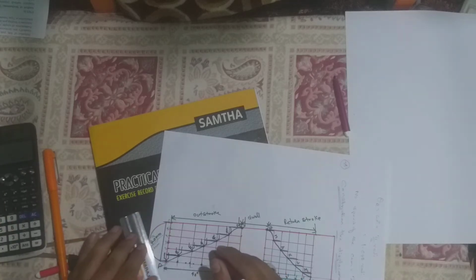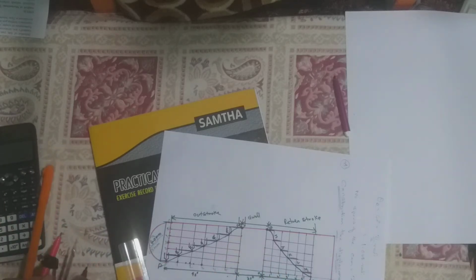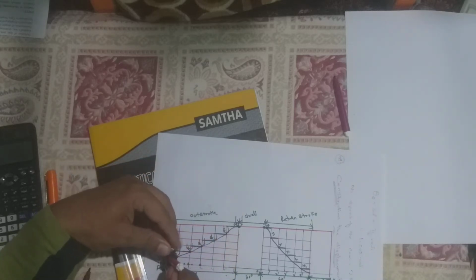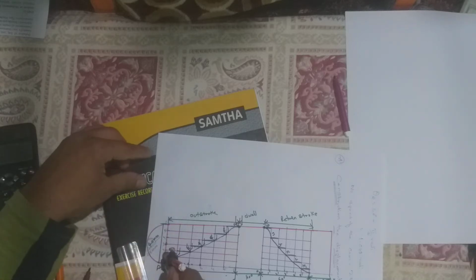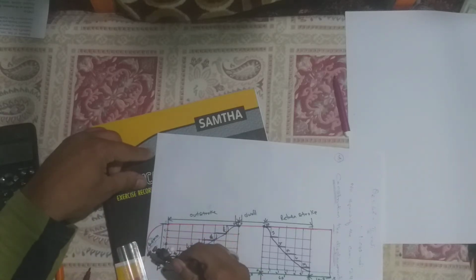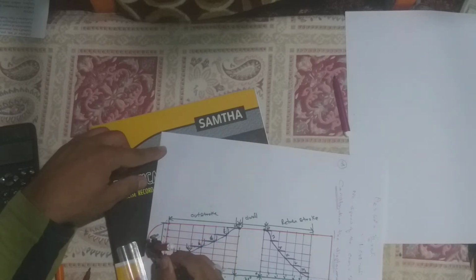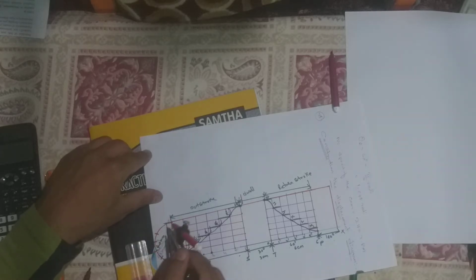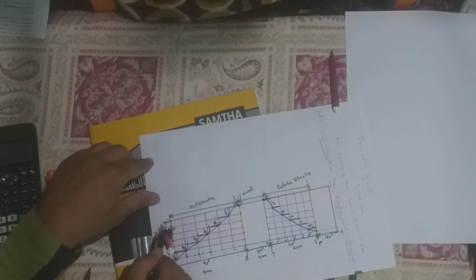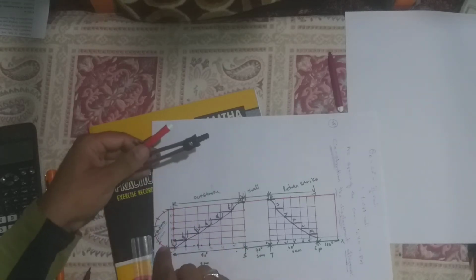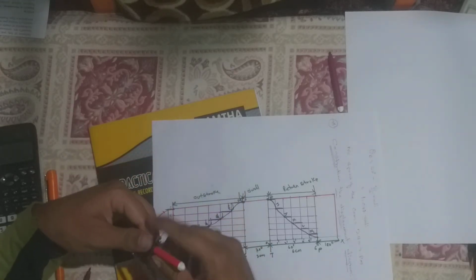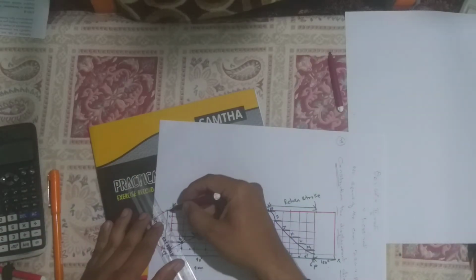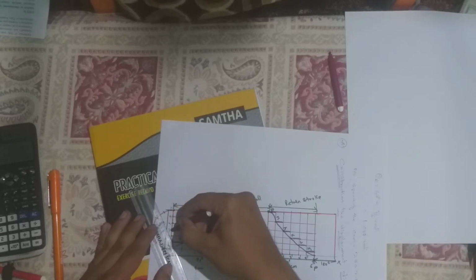So we just have to take the value and cut it. 1, 2, 3, 4, 5, then 6. Okay. Then next join this line from the center. Center is this.